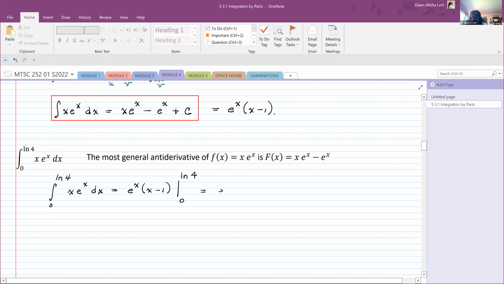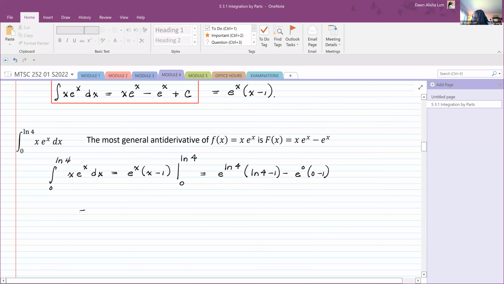So I'm going to put in natural log of 4. I'm going to get e to the natural log of 4 times the natural log of 4 minus 1. And then I'm going to subtract off e to the 0, and then 0 minus 1. So I get e to the natural log of 4. Can anybody simplify that for me?